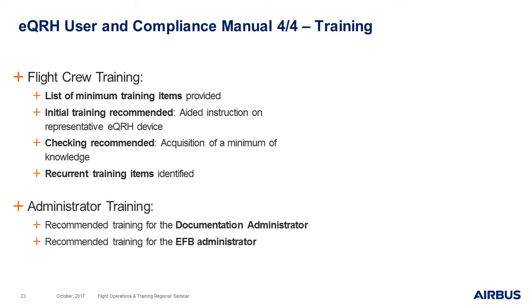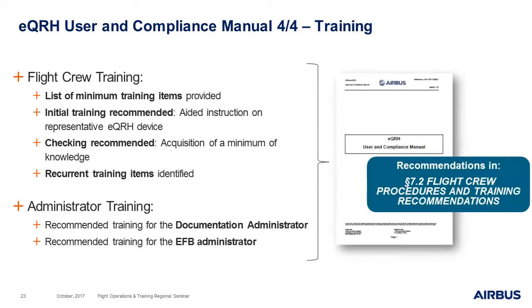For the EFB and documentation administrators, the same training as FlySmart is recommended. All the training recommendations are available in chapter 7.2 of the eQRH User and Compliance Manual and should be used by each operator to define the training policy of the eQRH.